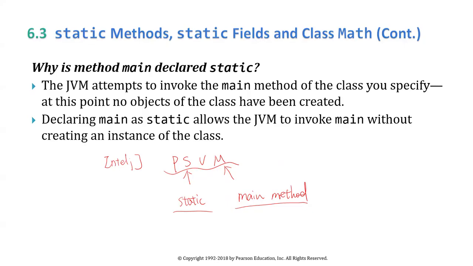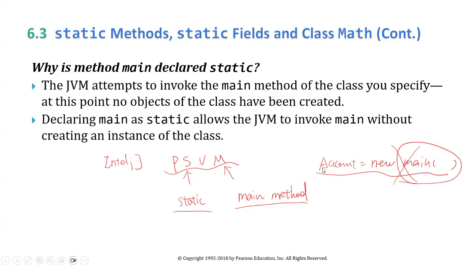And there is no code like, for example, I declared an account and we say new Main, right? We don't do that. We just create an account and then done. For the main method, we just leave it there. And that is the magic of the static keyword.